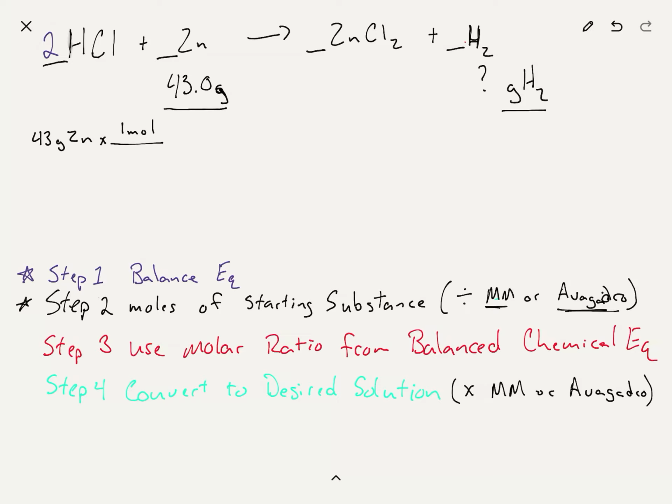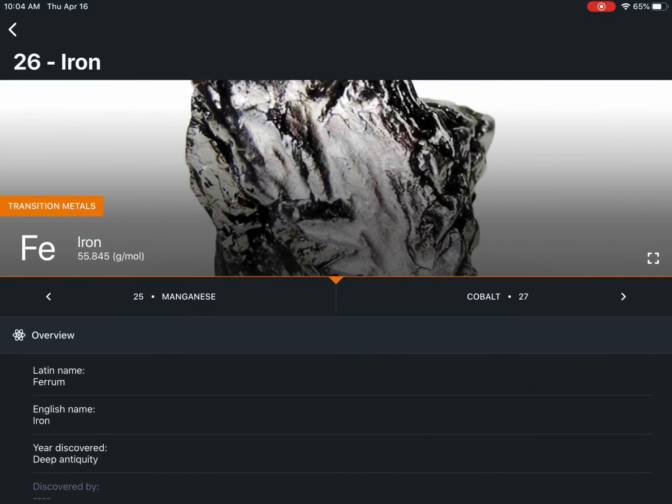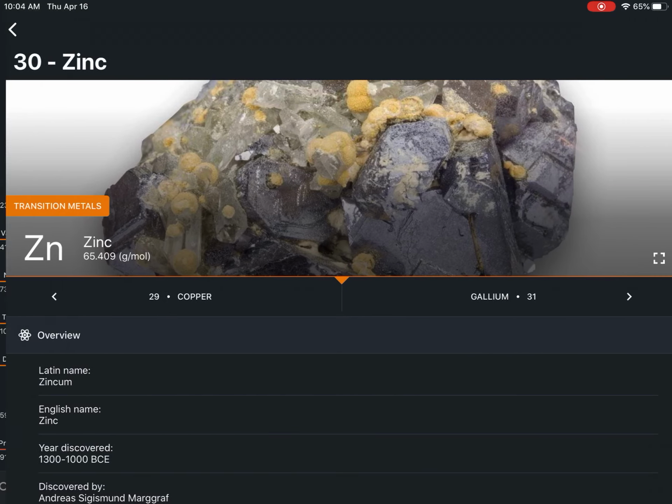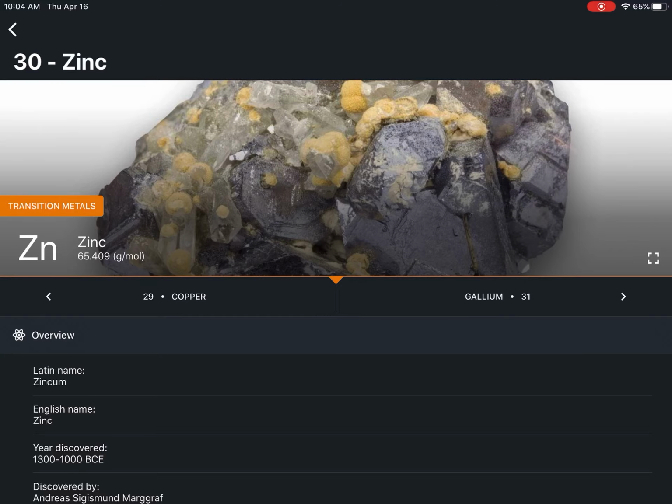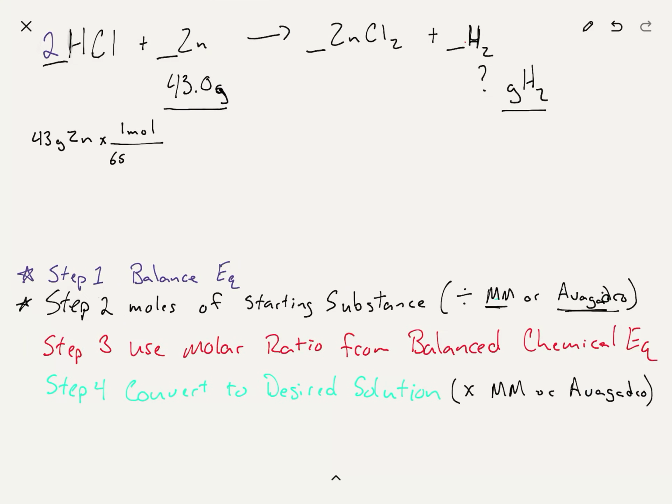So we need to look up the molar mass of zinc, which is here, and it's 65.409 grams per mole.